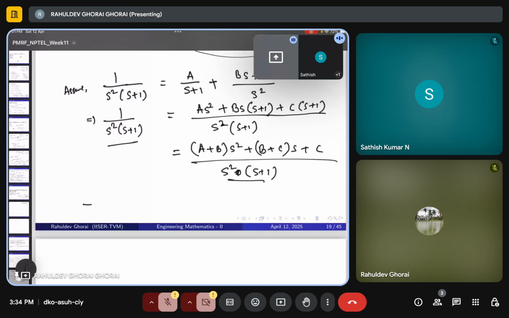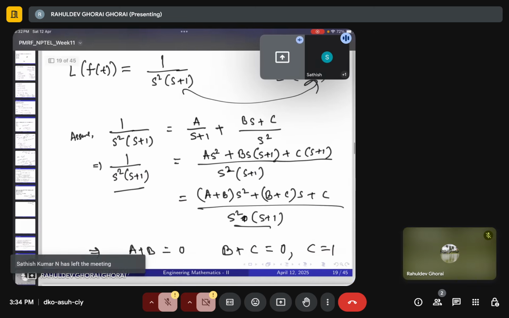That implies a plus b equal to 0, b plus c has to be equal to 0, and c has to be equal to 1. That implies b has to be equal to minus 1, a has to be equal to 1.